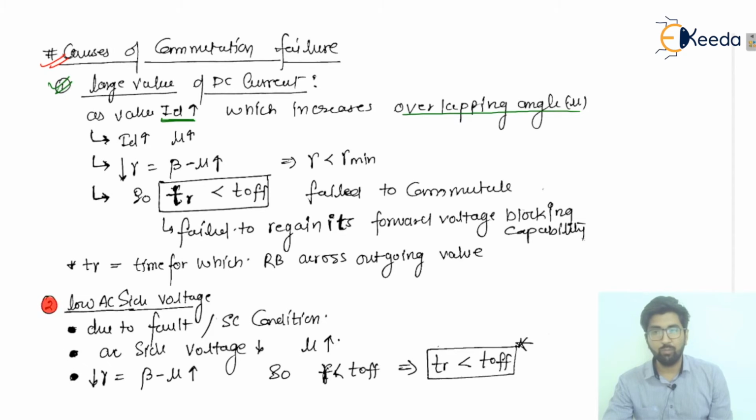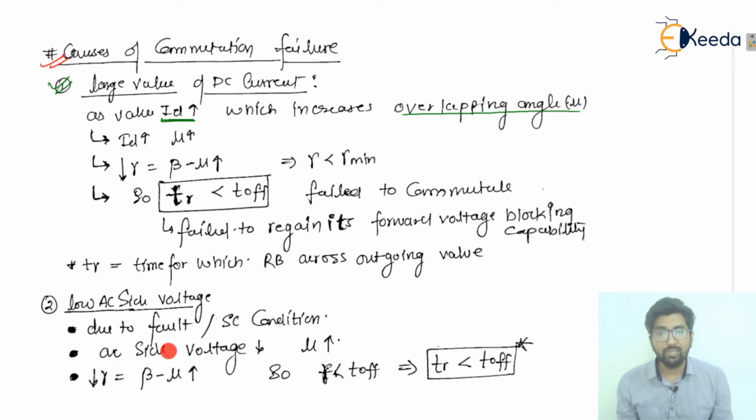Now the second point is low AC side voltage, not just AC voltage. Why does it happen? This low voltage, a drop in the AC line voltage, is due to a fault, and the fault may be a short circuit. Generally we consider the short circuit condition.